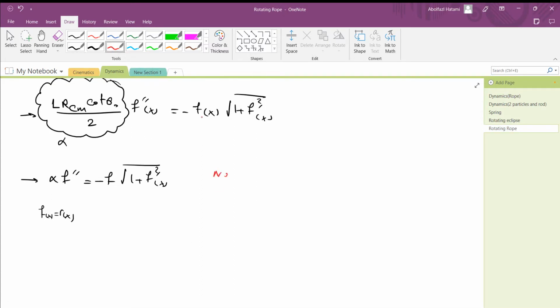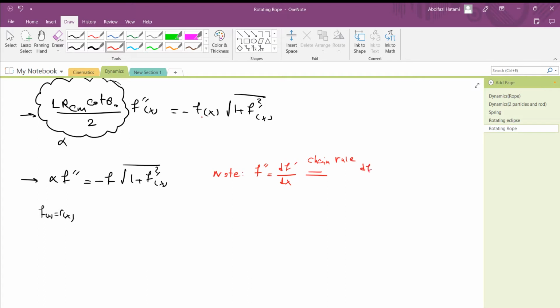There's a note here where we actually use a chain rule: you can write f double prime as df prime over dx, and we can use the chain rule in calculus.